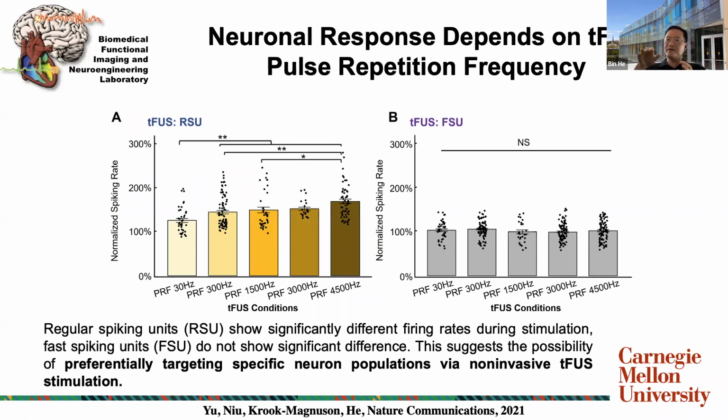By changing PRF, their spiking rate does not change. On the other hand, for the excitatory neuron, you can see that with the lower PRF, usually you have less spiking rate, but by increasing PRF, it will gradually increase, and there is a statistically significant increase in spiking rate by increasing the pulse repetition frequency.